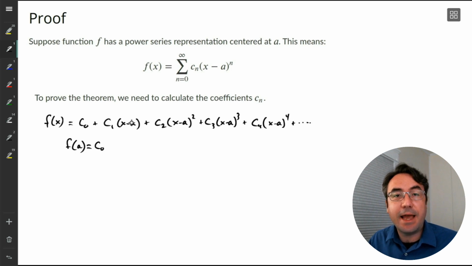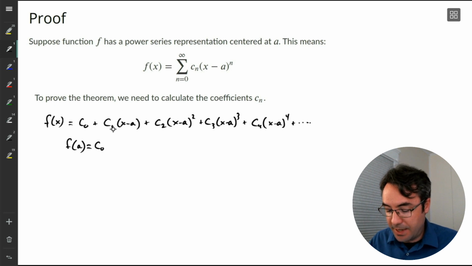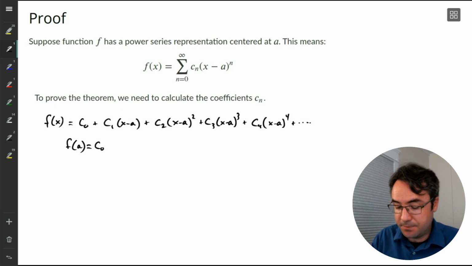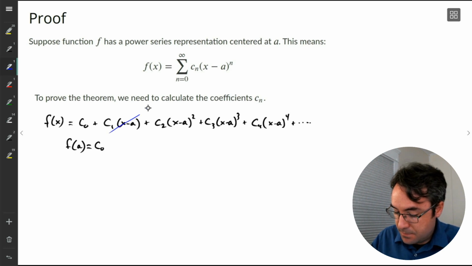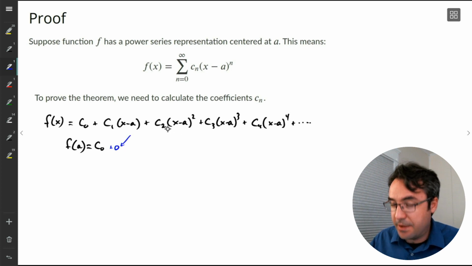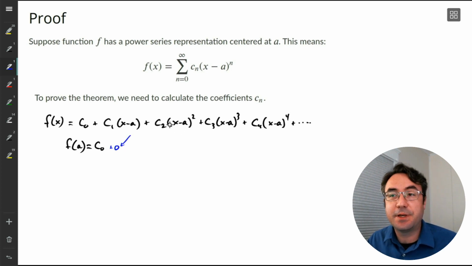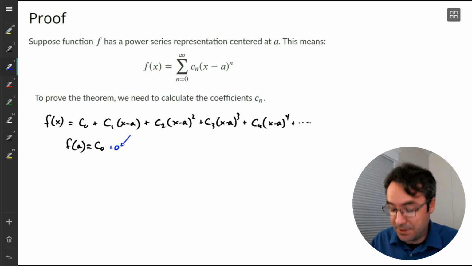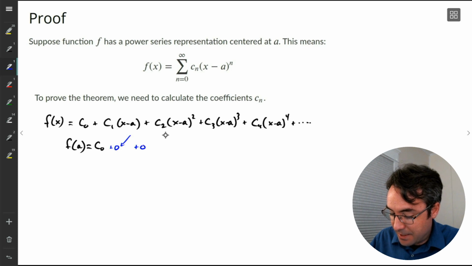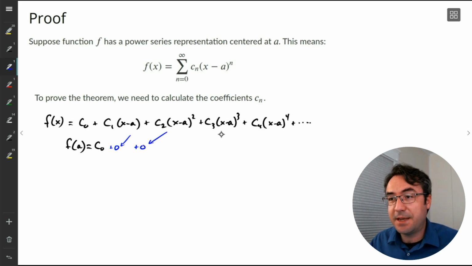So when we plug a into that, it's just going to be 0. So we're going to end up with c1 times a minus a, which is 0. And then when we plug a into this, we'll get c2 times a minus a squared, so c2 times 0. So this will be just another copy of 0 here. And then same thing, plus 0, and so on.